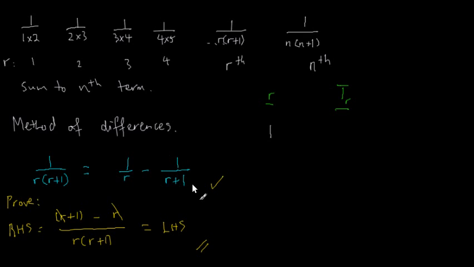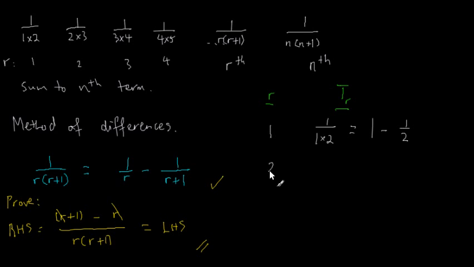Let's see what we get. t_r is 1 over 1 times 2, which is just this with r substituted with 1. Now if I substitute 1 into here instead, I'll get 1 over 1 minus 1 over 1 plus 1, which is 2. So 1 minus 1 over 2.